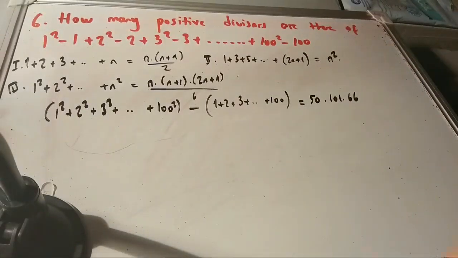The second isn't the statement under 2? No, it's just n squared. Let me check it again, okay?